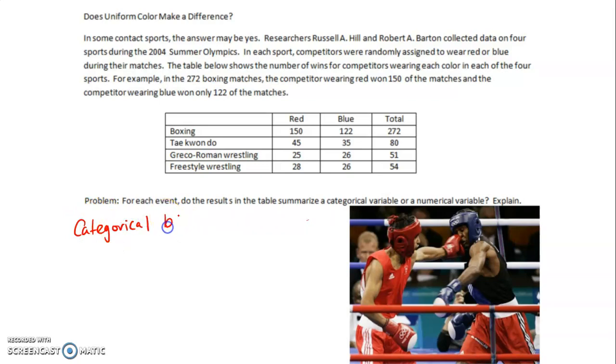And the reason is because the outcomes are either red or blue. So if you're asking yourself, well, who won that boxing match? Red did, or blue did. Who won the Taekwondo match? Red or blue? So these are categories based on the outcomes of the fighting matches, okay?